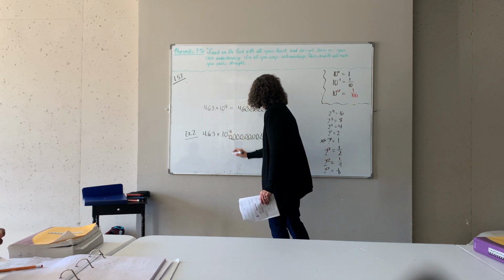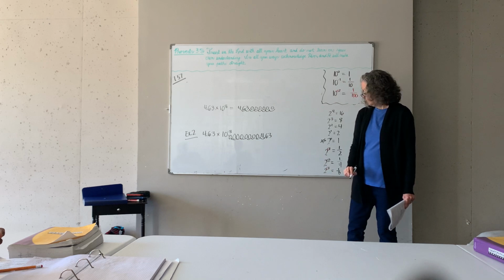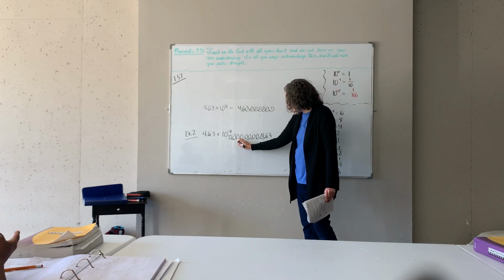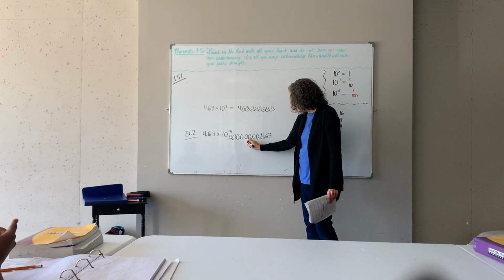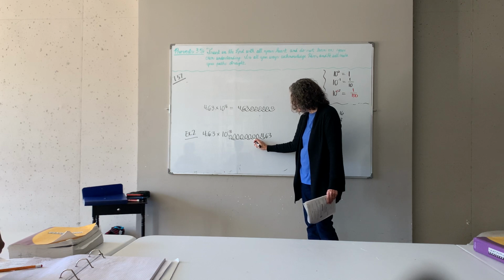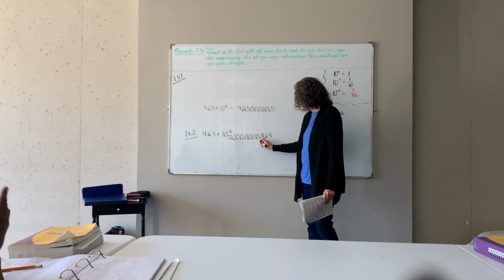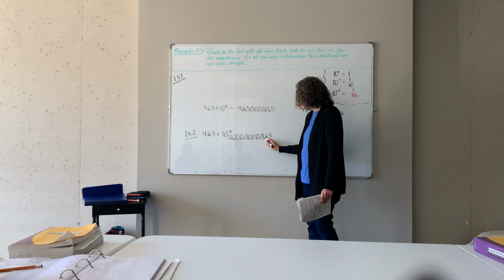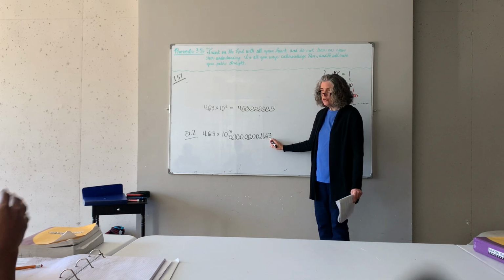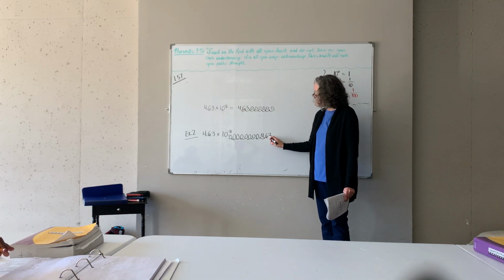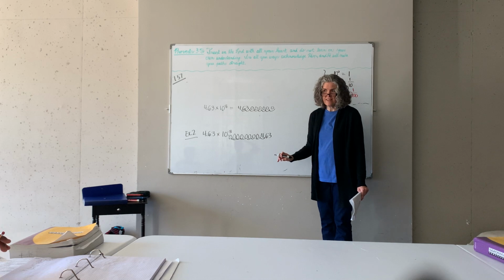That's equal to that number. If this is tenths, hundredths, thousandths, ten thousandths, hundred thousandths, millionths, ten millionths, hundred millionths, billionths, ten billionths, then this is 463 ten billionths.